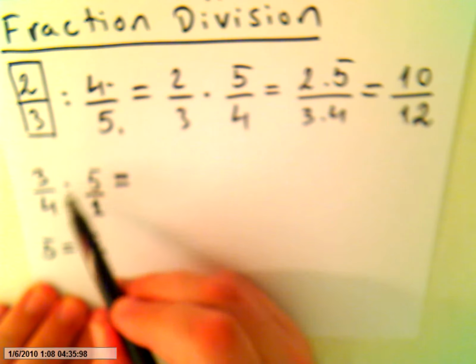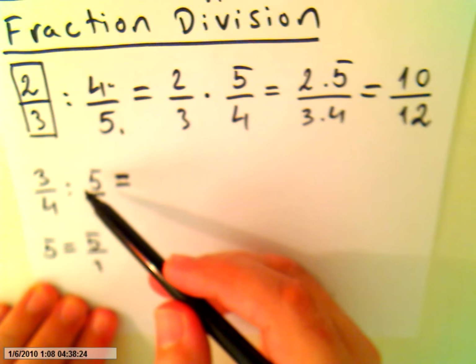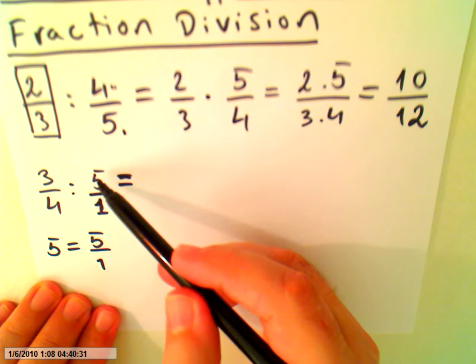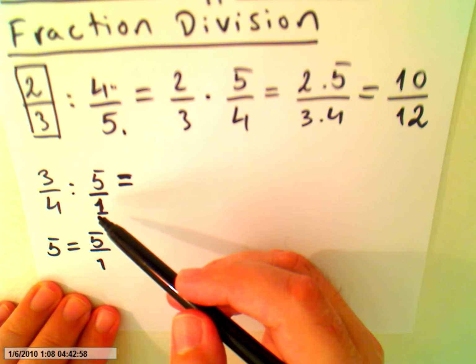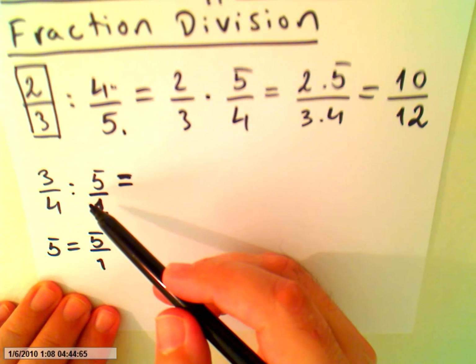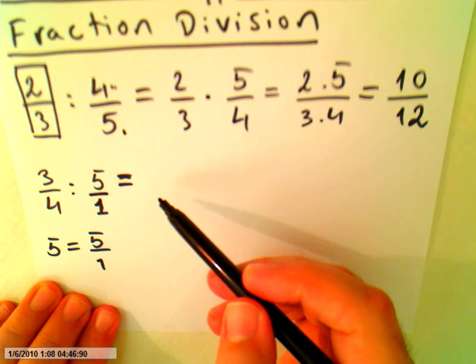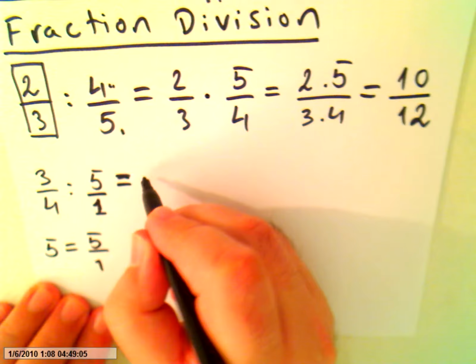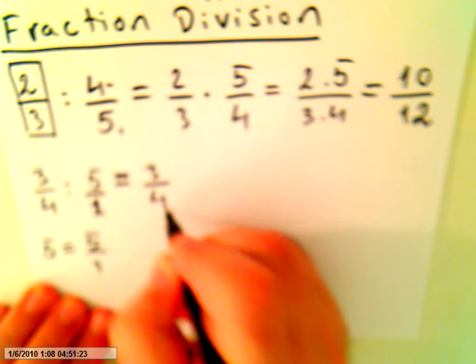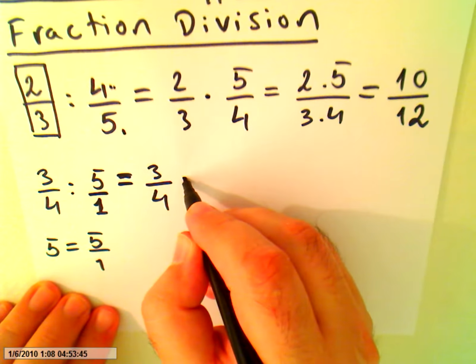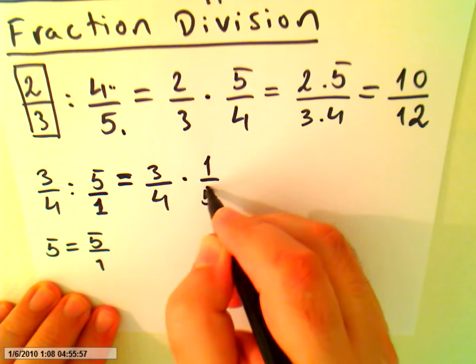So now you invert the second fraction, you invert this fraction, and the fraction division becomes a fraction multiplication. Let's do it. 3 over 4 times 1 over 5.